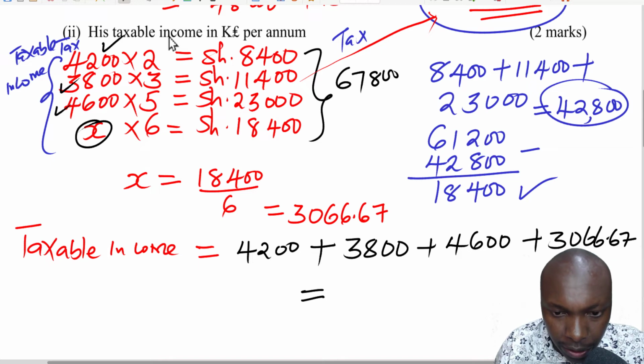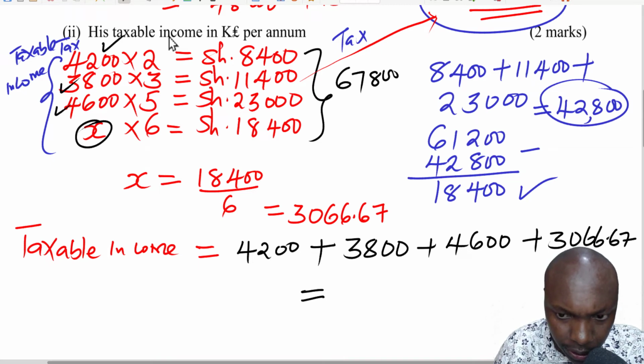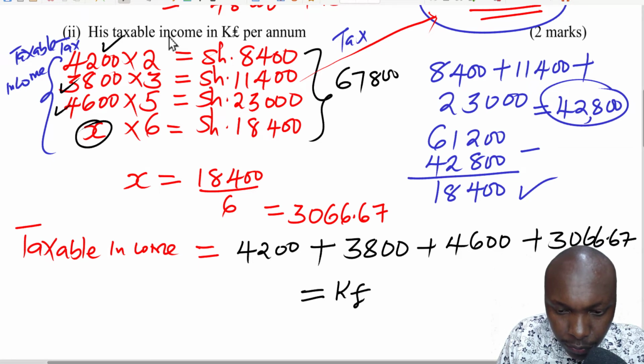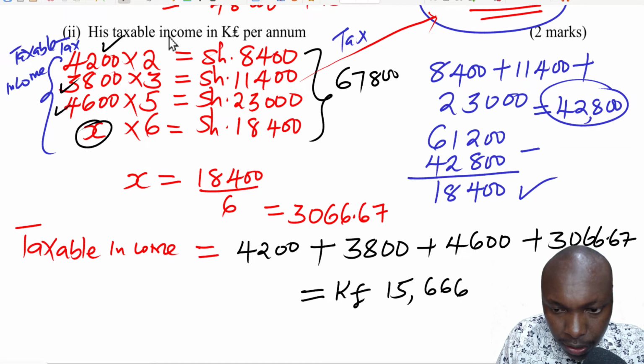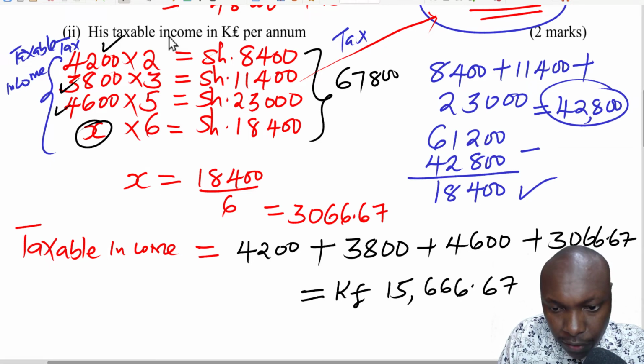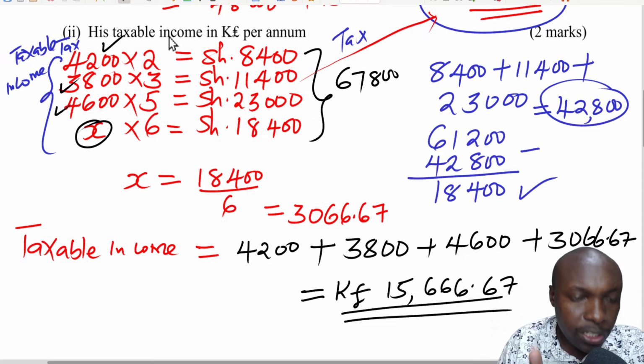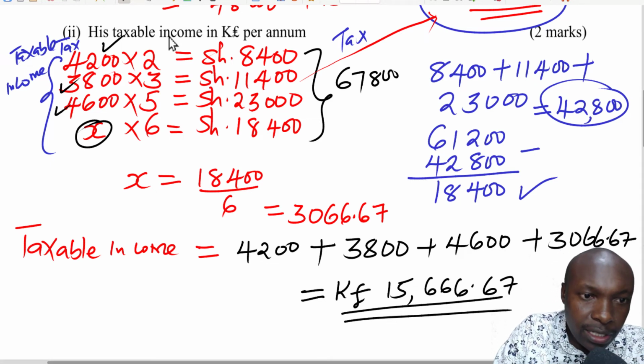So adding everything there, 4,200 plus 3,800 plus 4,600 plus 3,066.67 will give 15,666.67, and that is in Kenyan pounds, not in Kenyan shillings. So that is the taxable income.